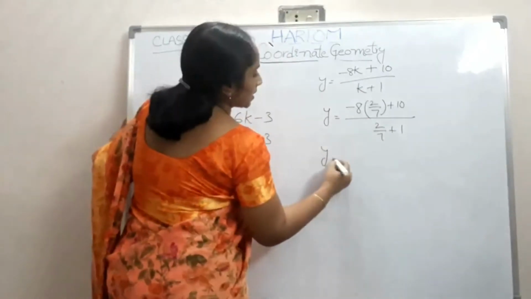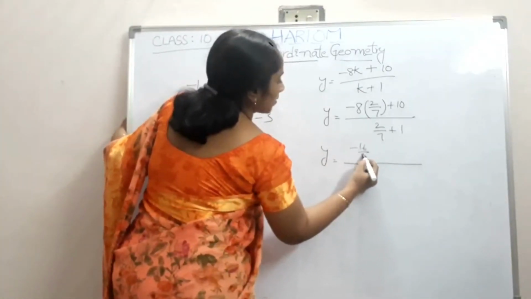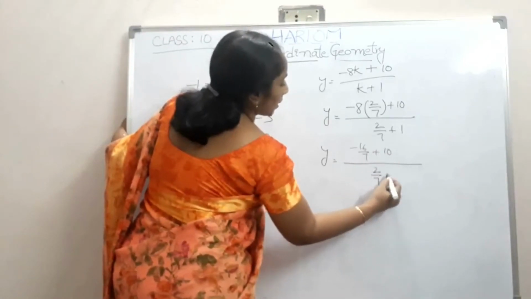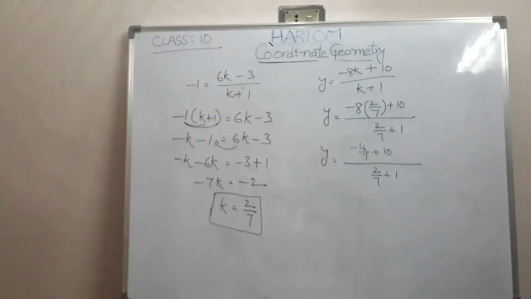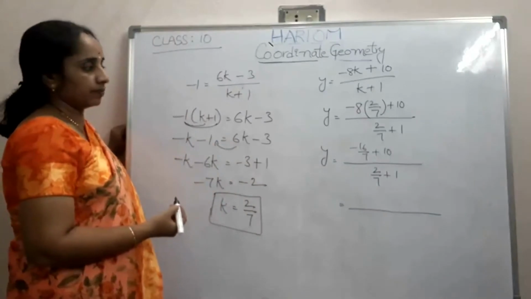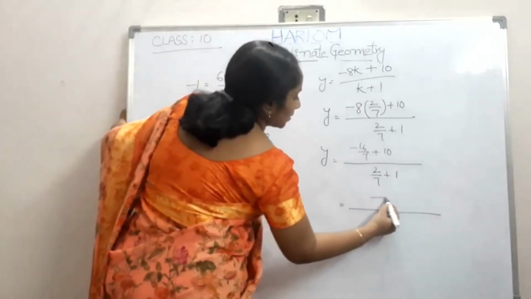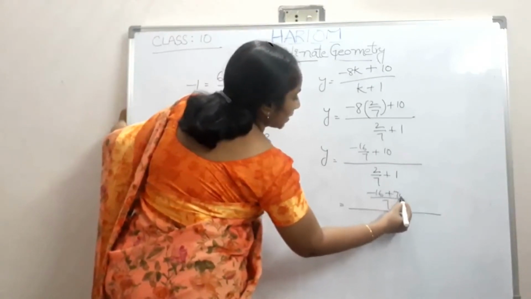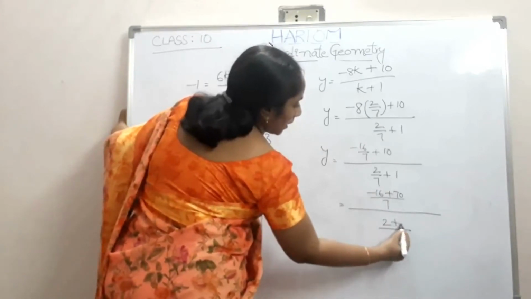Now y is equal to minus 16 by 7 plus 10, by 2 by 7 plus 1. That is minus 16 plus 70 by 2 plus 7.